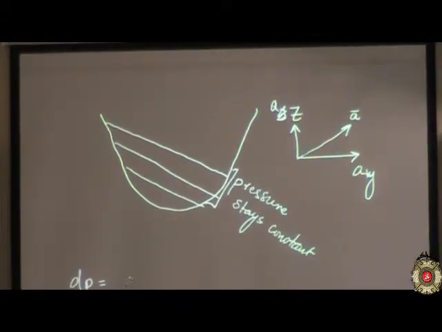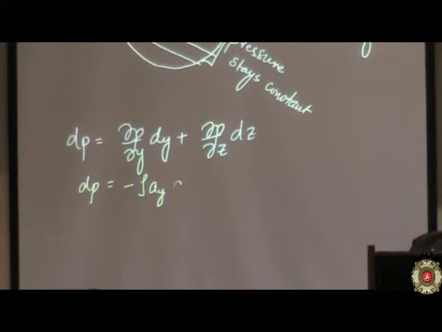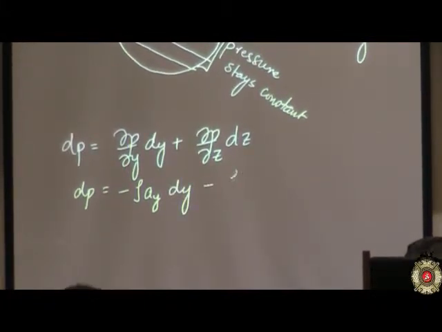In a global perspective, dP is going to be partial P partial Y dy plus partial P partial Z dz. So if I plug in the numbers, it is rho A of Y dy minus rho (g plus A of Z) dz. Clear?